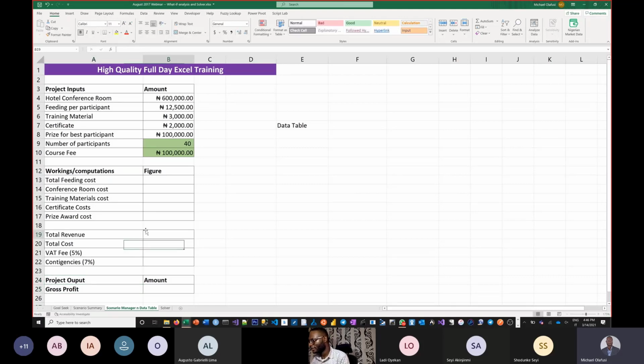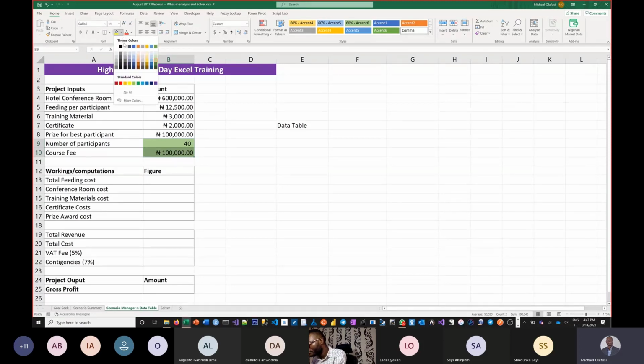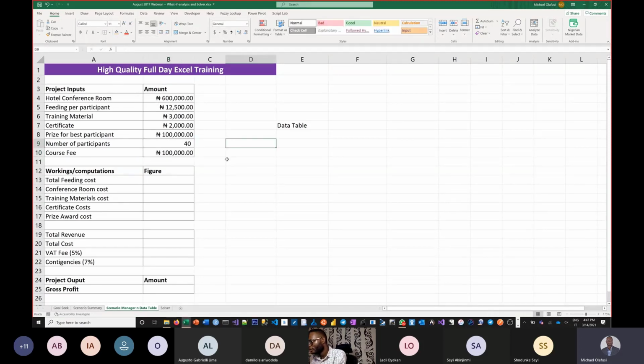Okay, so let's look at this, right? With these inputs, in fact, so that you don't keep thinking why is one input colored, let me just remove the color from this one, and then we can work through it together. My connection of all of these: total feeding cost will be how many people we get times how much to feed one person.